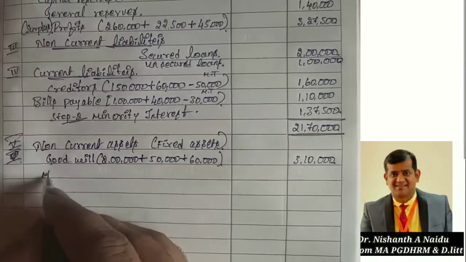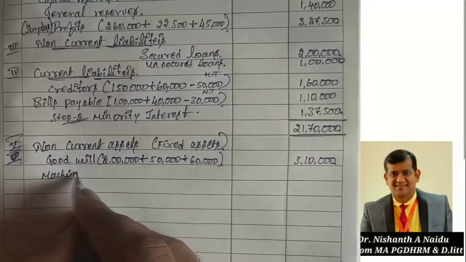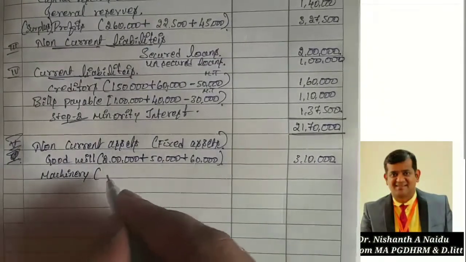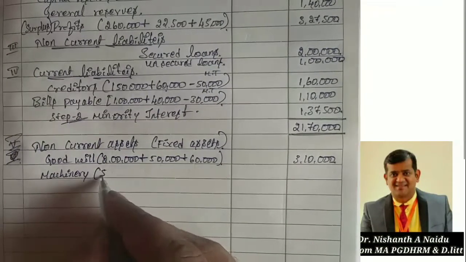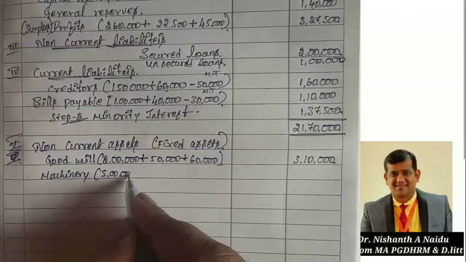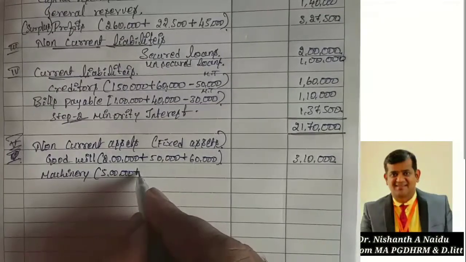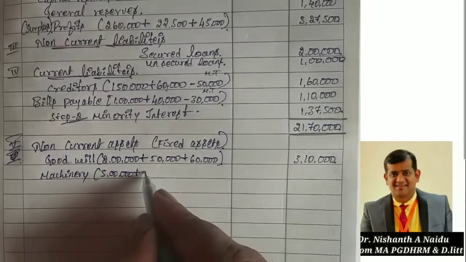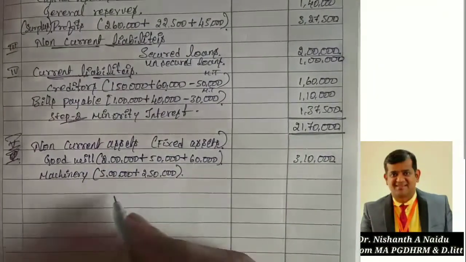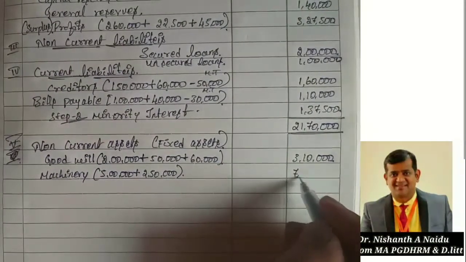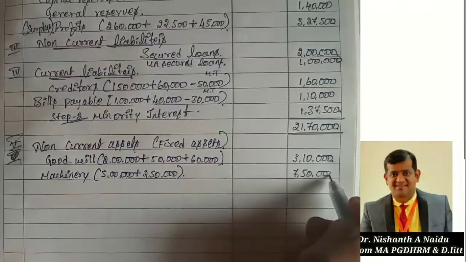After goodwill he has given machinery. What is the value of machinery? 5 lakh plus Q Company 2 lakh 50,000. Add it, put together 7 lakh 50,000 rupees.